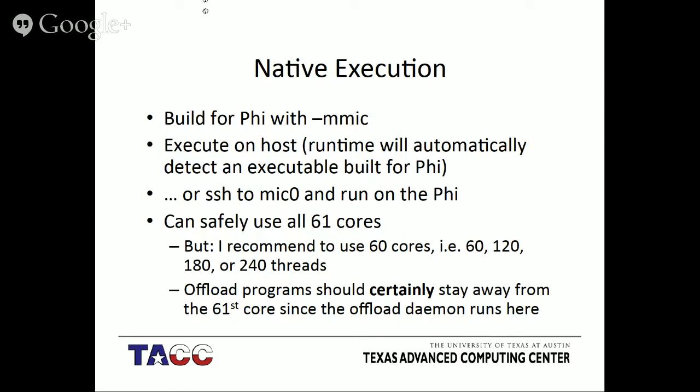And then later on, when you understand a little bit more what this last core does and when it is used and when it is not used by the runtime, then you can think about using 61 cores. And leaving one core idle on a machine that has 61 cores, that's 1.5%, so you don't have to worry about that.